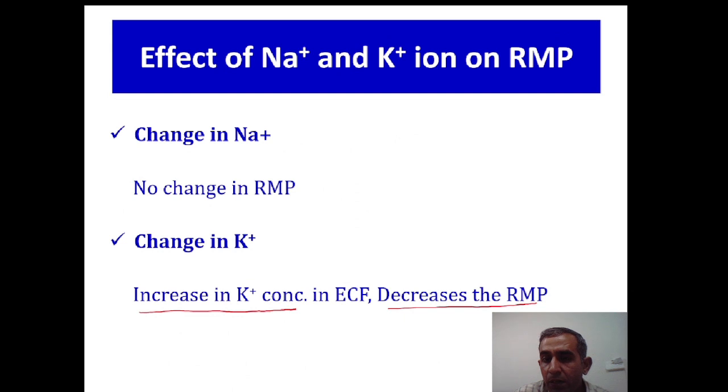On the other side, if we decrease the concentration of potassium, the RMP increases. Increased potassium is hyperkalemia, decreased potassium is hypokalemia. Both affect the RMP because the membrane is permeable to potassium in the resting state, and that's why a potential difference is always present.